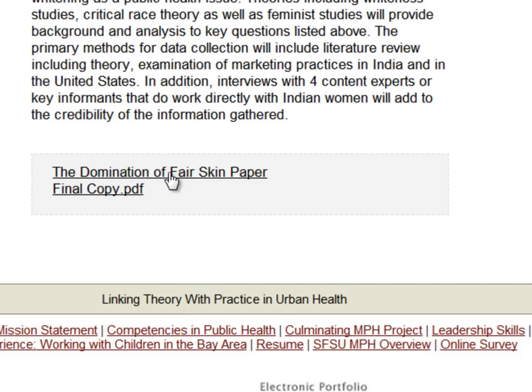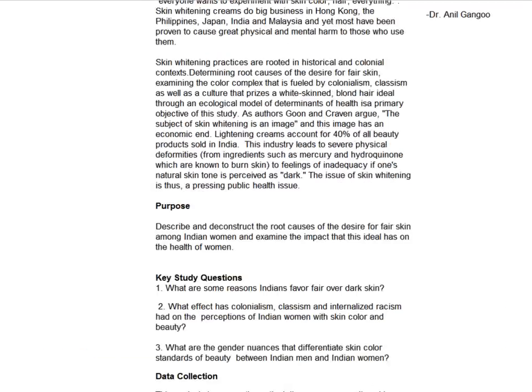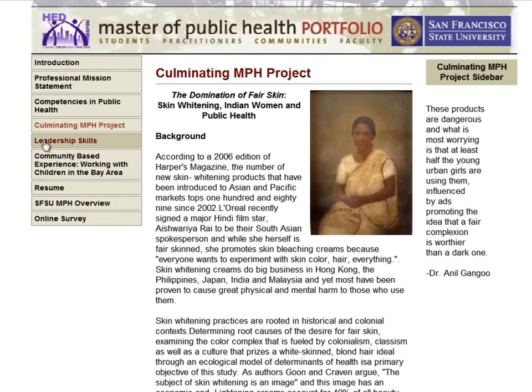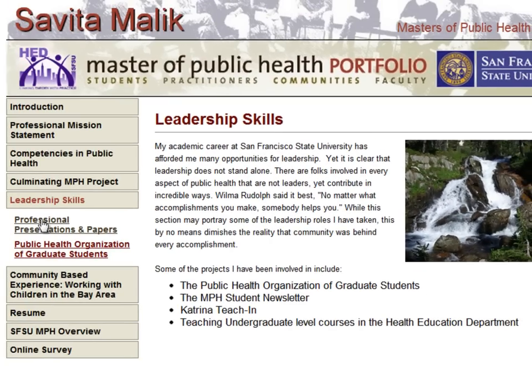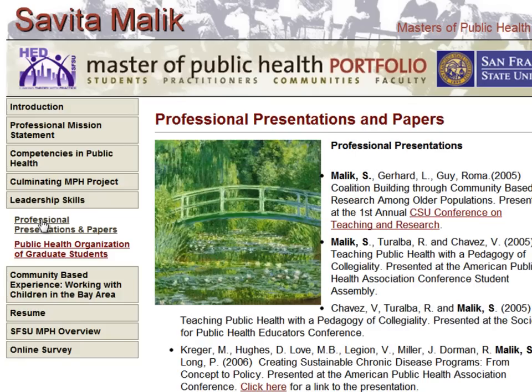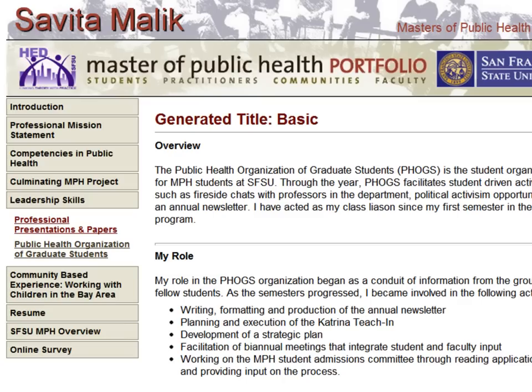Then, at the very bottom, there is a link to the actual research paper that came out of her project. Now, she also talks about leadership skills here, and under that, she also lists professional presentations and papers, and she talks about the Public Health Organization of Graduate Students and her role on that organization.